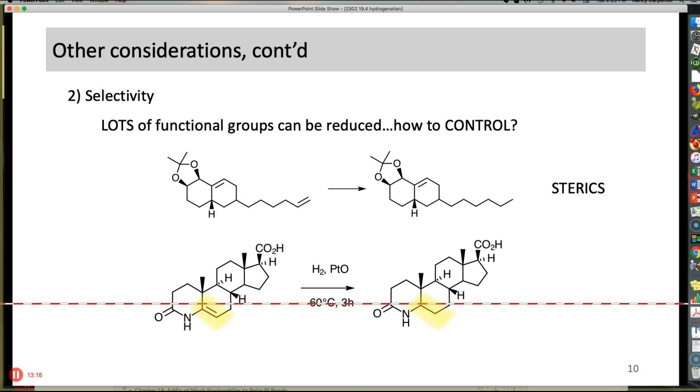This was the synthesis of Propecia, and because the amide is pretty unreactive, even under these harsh conditions, I mean, that's a long time and an elevated temperature, I got rid of the alkene and not the amide, or for that matter, the acid, both of which could be reduced. So pretty easy to control just on the basis of reactivity.